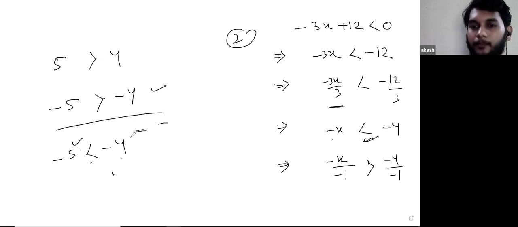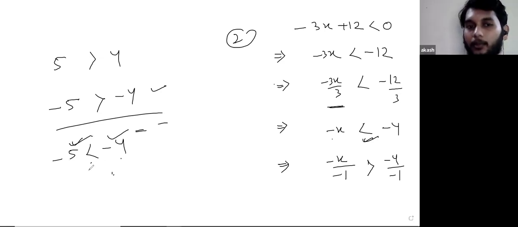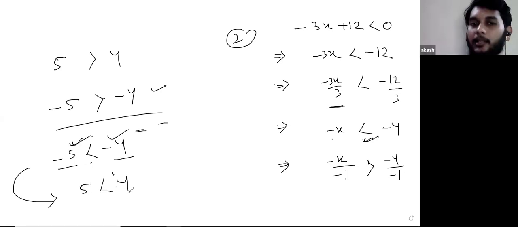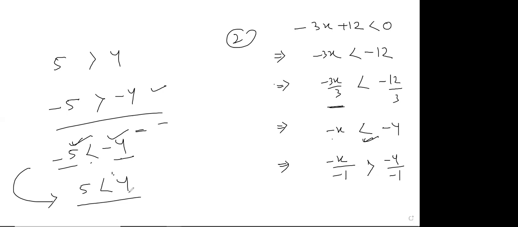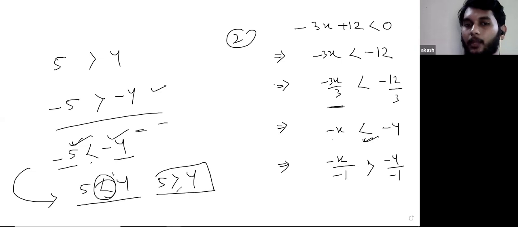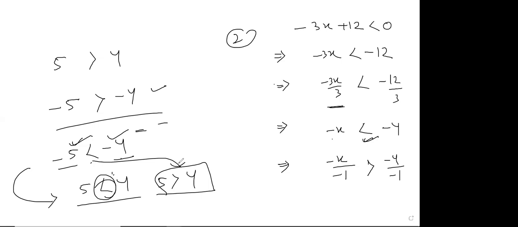Let's go in reverse from this. We know that -5 is less than -4. So if I cancel the negative signs on both sides, then I can write 5 less than 4. Is this true? No, because I'm removing negative signs from both sides. That's why I have to change this sign also: 5 greater than 4. This less than becomes greater than. Now it's clear, right?